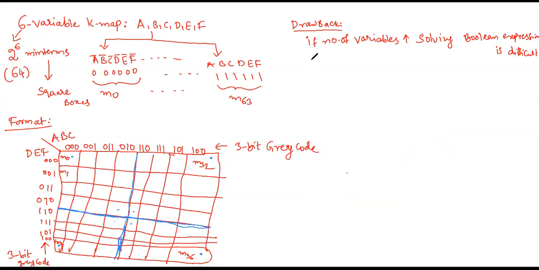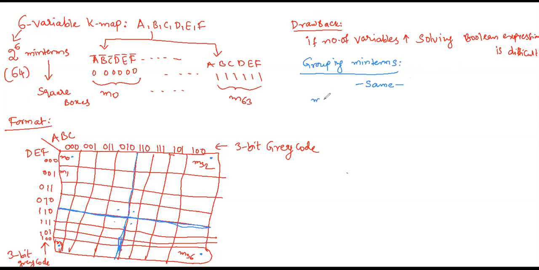Next, grouping minterms. Grouping minterms is the same as for 2 variable, 3 variable, 4 variable, 5 variable. That is, cells with adjacency, or a group of cells with adjacency, should form a group.